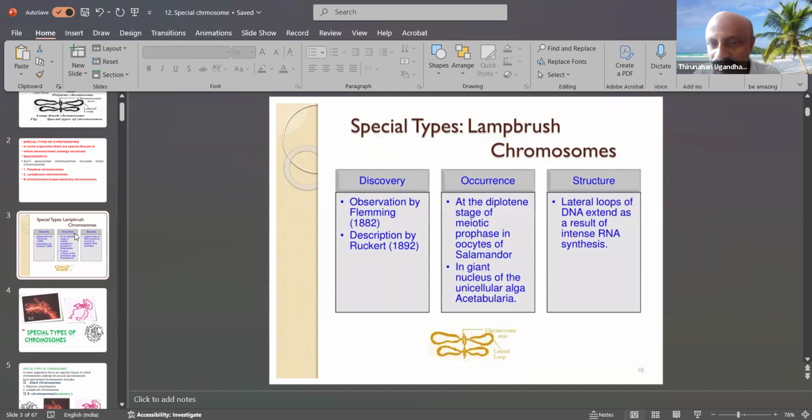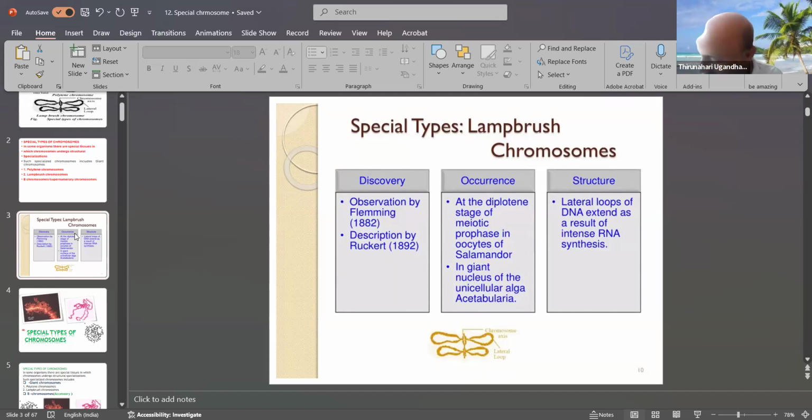The lampbrush chromosomes are seen in the diploid stage of the meiotic phase in the oocytes of the salamander, and in the giant nucleus of the unicellular alga Acetabularia. The structure has lateral loops of DNA that extend as a result of intense RNA synthesis.